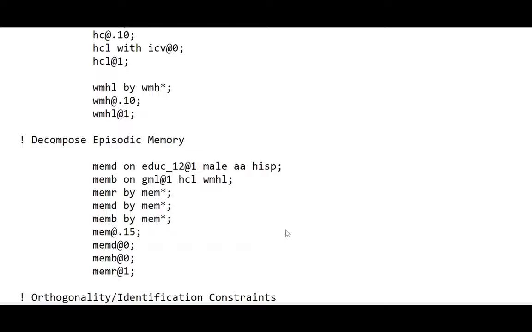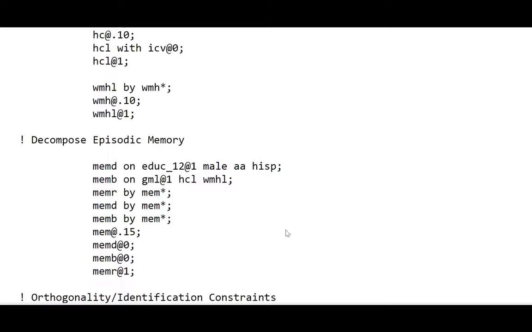So now here's the part that does that orthogonal decomposition. First of all, down here, I'm defining a latent variable memD that's indicated by memory. I'm defining memB that's indicated by memory, and memR that's indicated by memory. MEMD is regressed on education, and the regression coefficient is fixed.